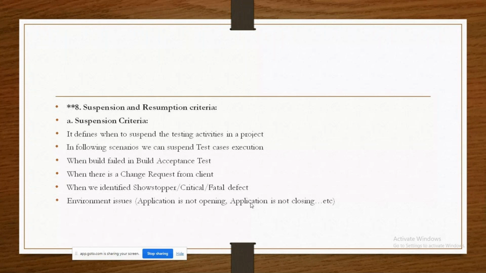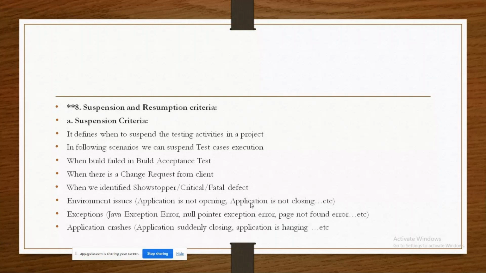Environment issues, application not opening or application not closing, this type of thing. Exceptions, sometimes when you open the application you get Java exceptions, 500 error, 402 error, page not found, server issues. If you get this type of situation, you can suspend your execution.